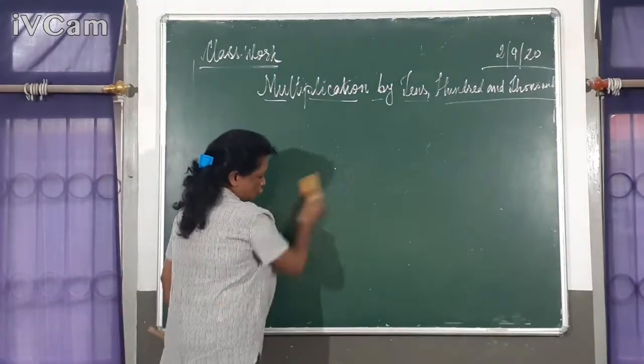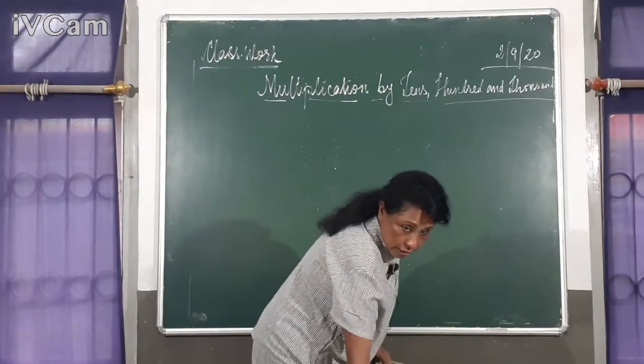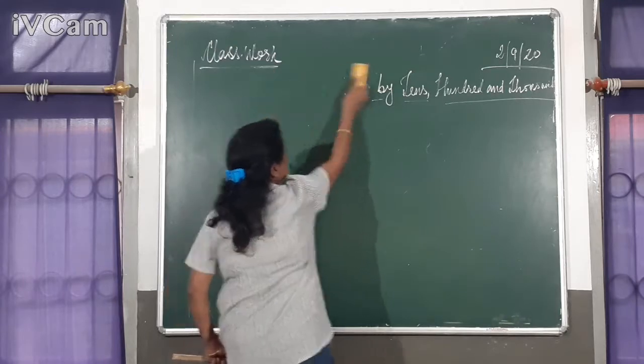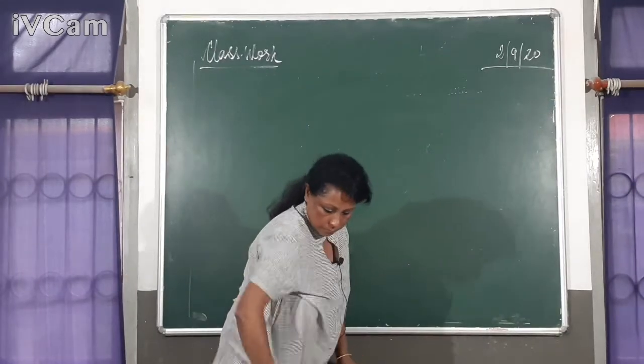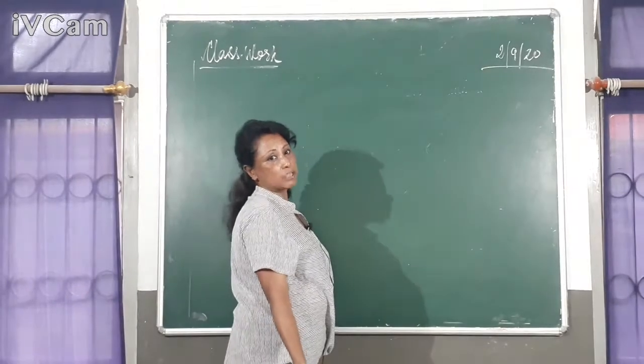Now today I am going to do multiplication. Now did you understand, children, how to do? Okay. Now multiplication, two digits by 2 digits.